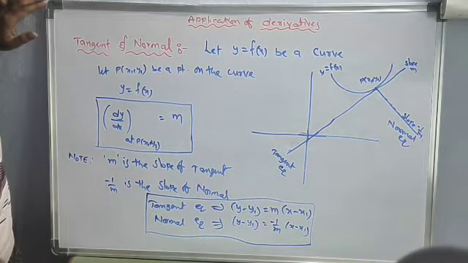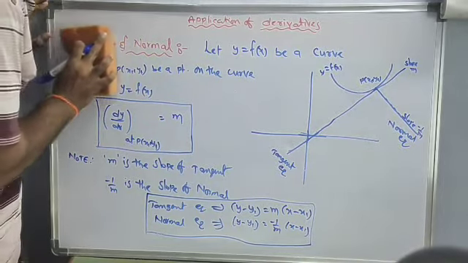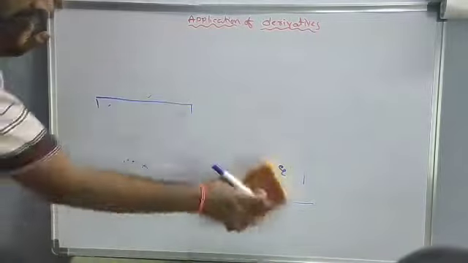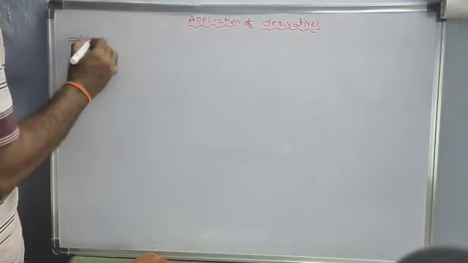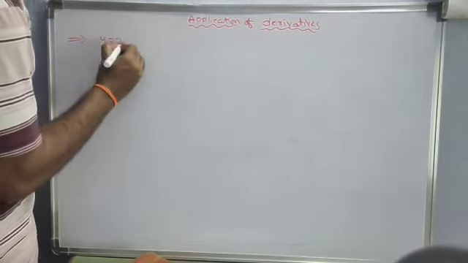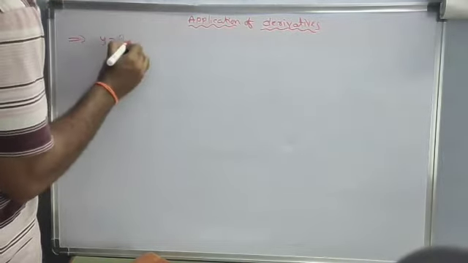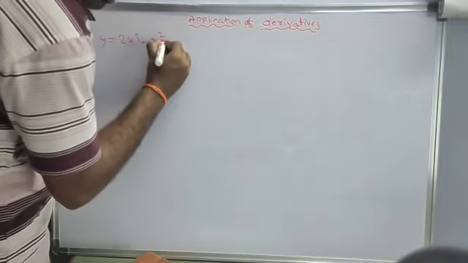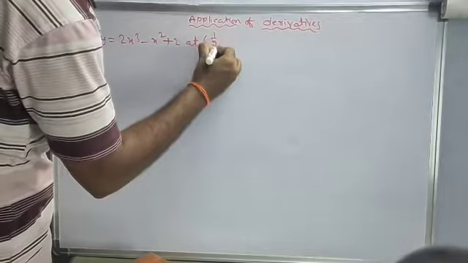Now let us discuss some problems. In this one, y equals 2x cube minus x square plus 2, at the point (1/2, 2).